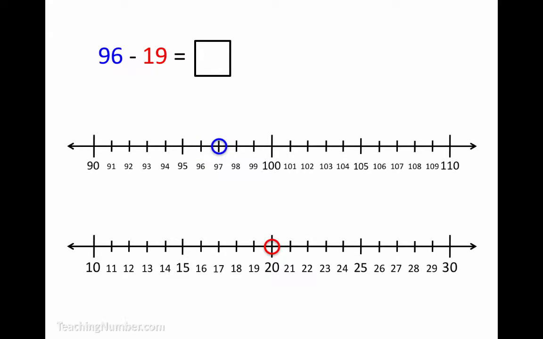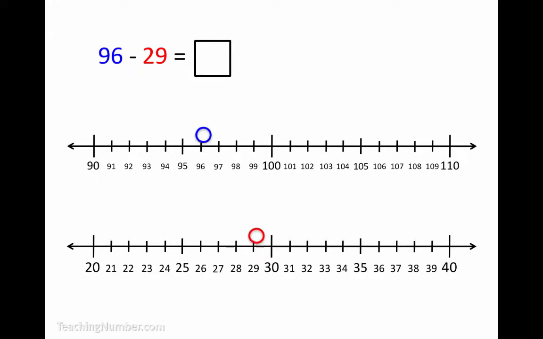Thus, we have shown that 96 minus 19 is the same as 97 minus 20. Now we have a 10-friendly subtraction problem, and we can subtract 20 from 97 without regrouping. Thus we know that 96 minus 19 is 77.